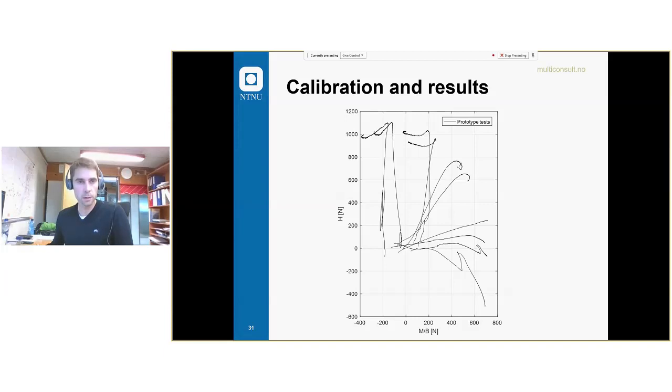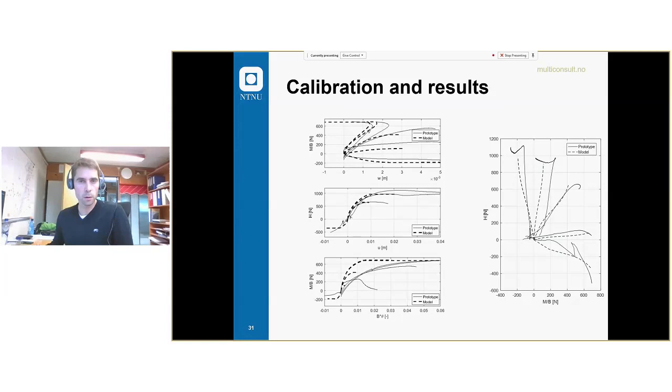What we're looking at here is the horizontal load, moment load plane, and we have this typical ellipsoid shape, which you will see in such a plane with some eccentricity. Then we compared our macro model results with the laboratory test results.